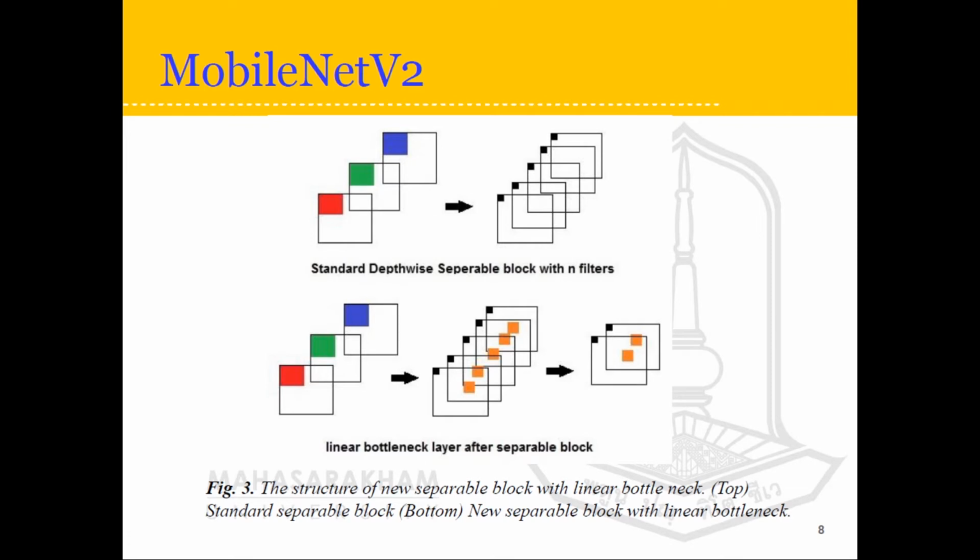The second small-size CNN model we use in our research is MobileNet version 2. It is a new version of MobileNet, but with 2 additional improvement concepts: the linear bottleneck and the inverse residual block. The linear bottleneck is a special layer added into the standard depth-wise separable convolution to capture a transformation if there are some non-zero values still remaining, like in this picture.